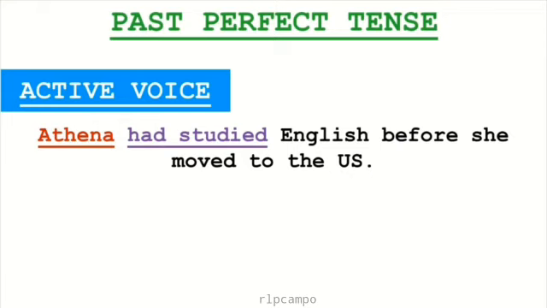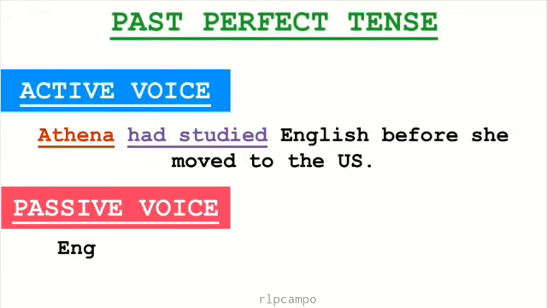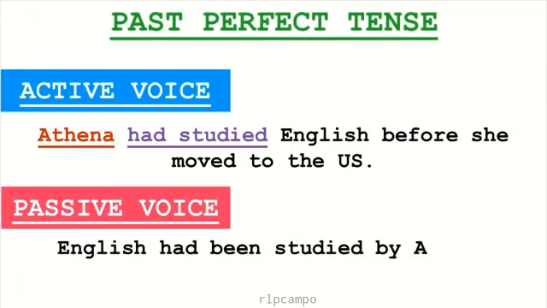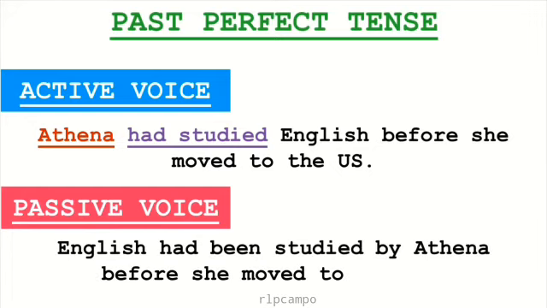For its passive transformation, it is English had been studied by Athena before she moved to the US. As again, been is added to complete the verb phrase of the passive voice transformation.